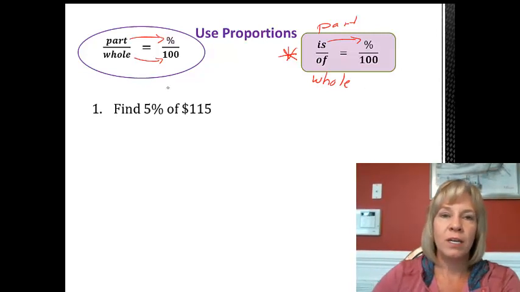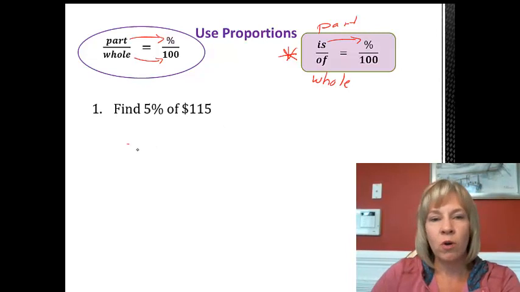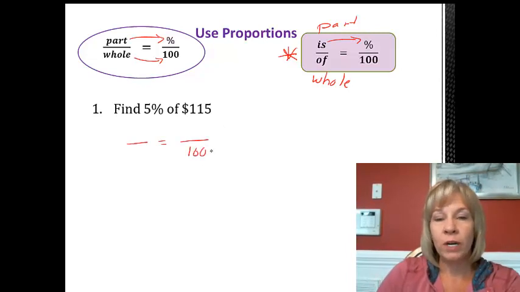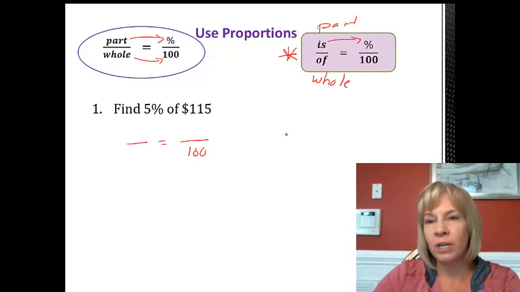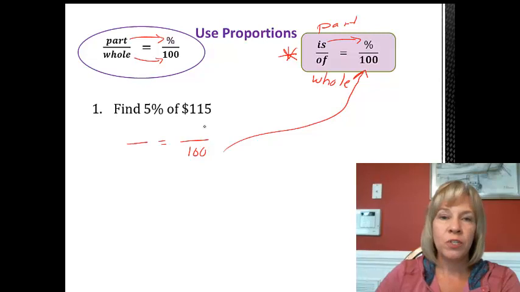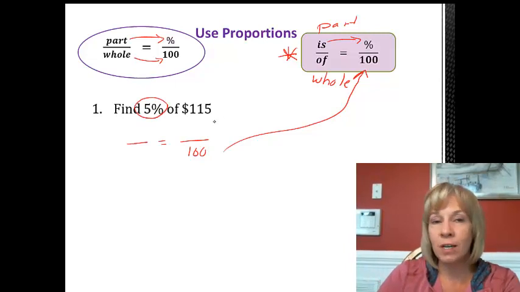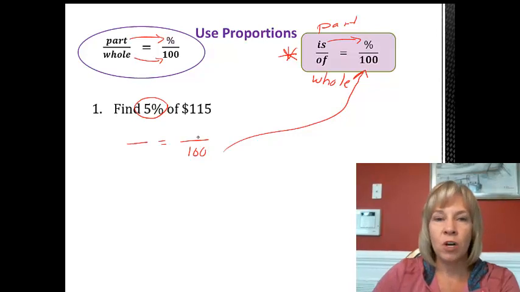In number 1 here, when we solve these, we always want to write a proportion. We know that 100 is always on the bottom here because that is the bottom of our percent. Our percent number will go above the 100. So if our question says find 5% of $115, 5 is our percent.